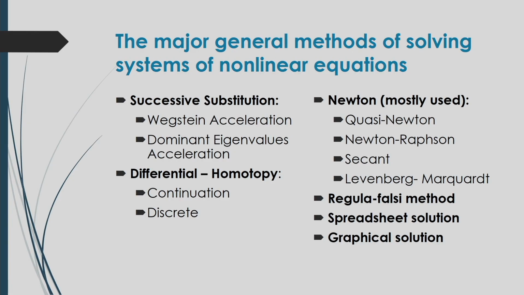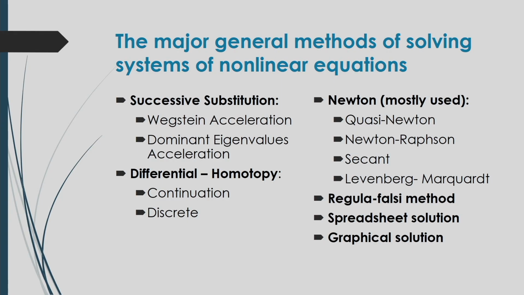Now, there are several general methods of solving those nonlinear equation systems. Some are successive substitution techniques, some are the differential homotopy technique, and some are Newton's methods, which are mostly used, like quasi-Newton, Newton-Raphson, even the secant method and the Levenberg-Marquardt method.